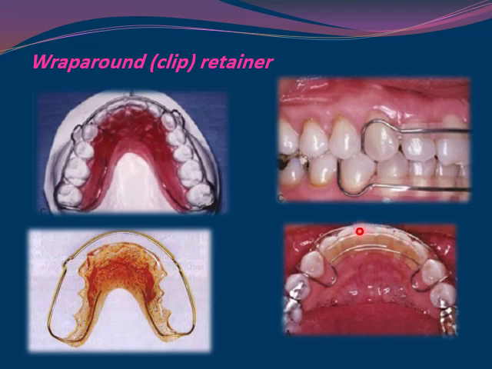It is also a wire framework that surrounds the anterior teeth labially, then crosses between the four and the canine, and then surrounds the lingual surface of the anterior teeth. Also, this wire is embedded in an acrylic strip. The clip retainer is most commonly used on the lower labial segment.